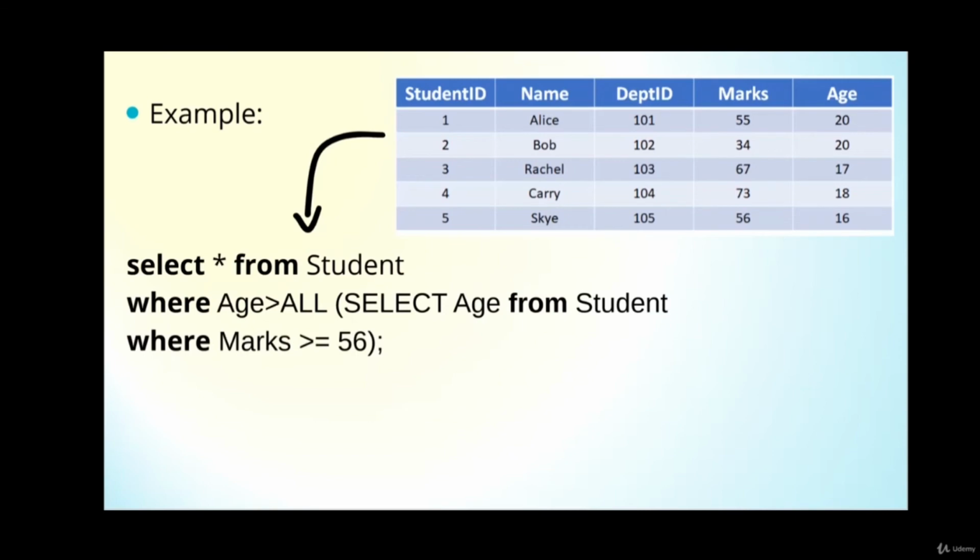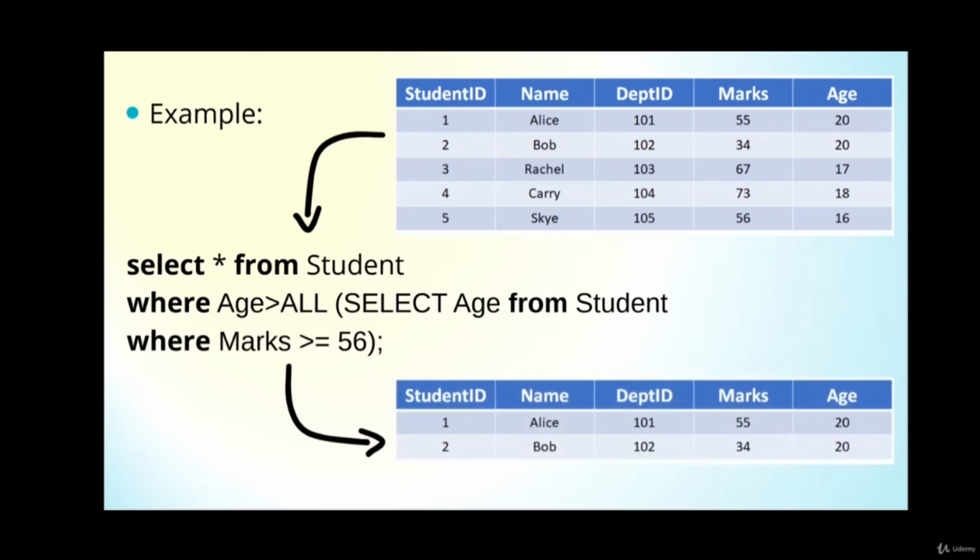What is the maximum value among these three? 18. So we have to find the details of those students whose age is greater than 18. In this case, Alice and Bob have age greater than 18, so their details will be displayed in the output table.